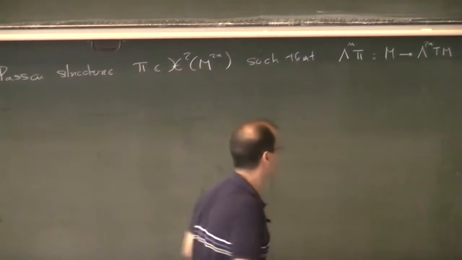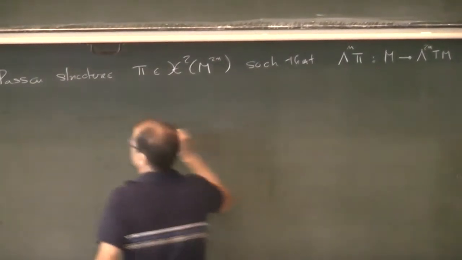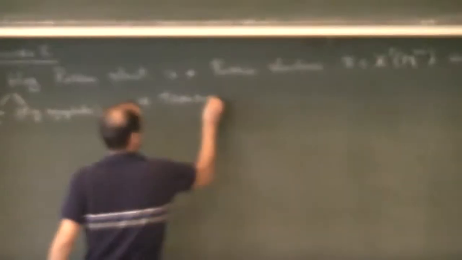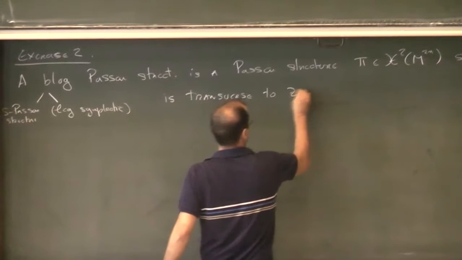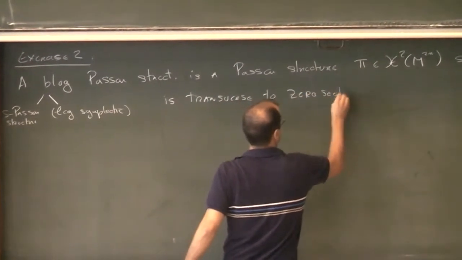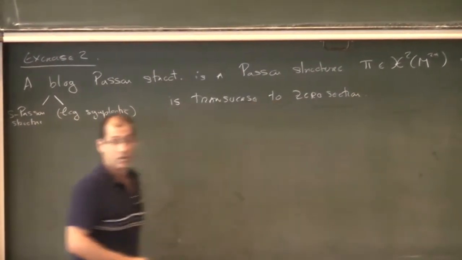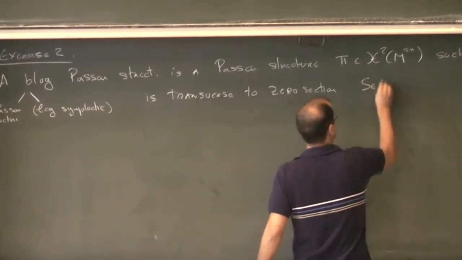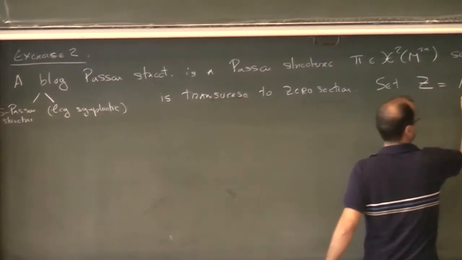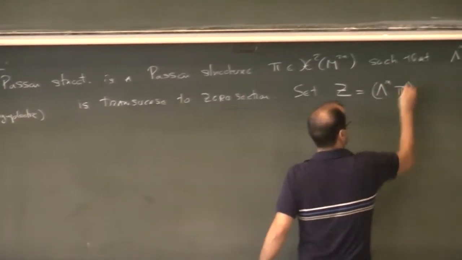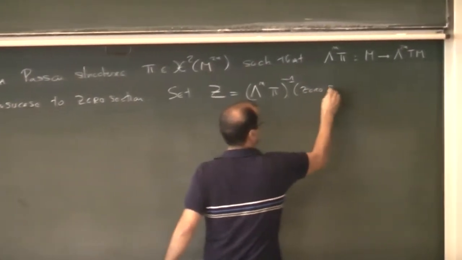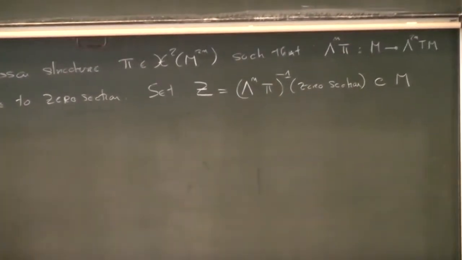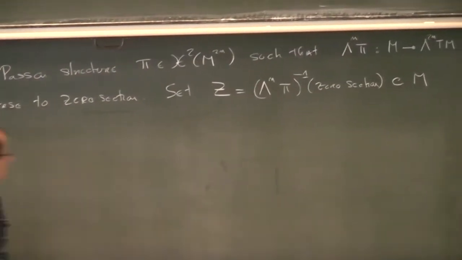That's the only condition. Okay, then, since that's transverse to the zero section, we can define Z to be the inverse image of the zero section, and that's a submanifold of M. Okay? A codimension 1 submanifold.